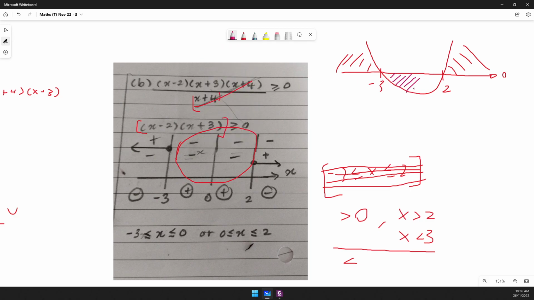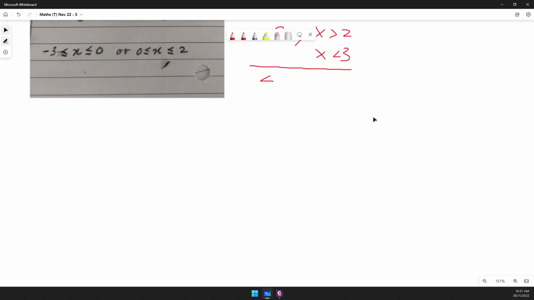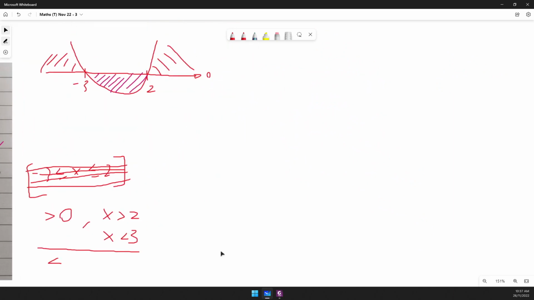Okay, so this will be less than 0. You can also sketch, or you can do this, also accepted. The most time consuming method is a table method.